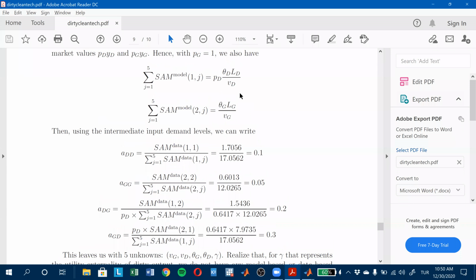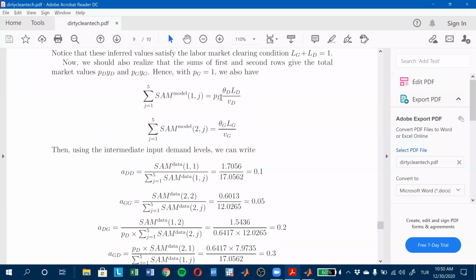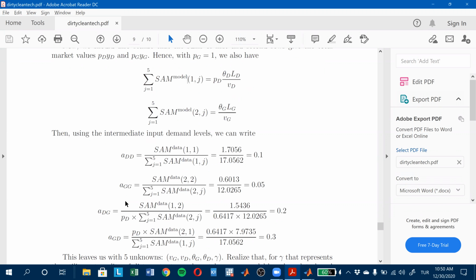Then these are equal to that. In the theory SAM, in the model SAM, I have these, right? Then I can use these totals to find intermediate input coefficients, input-output coefficients, okay? But you should be careful about the role of PD here. PD must appear here, so PG is here, but it's equal to 1.